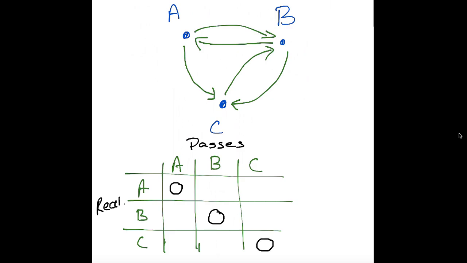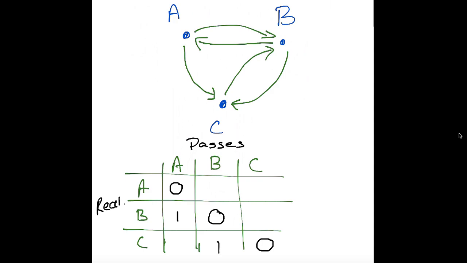But let's look at the sequences that we had. The first thing we did was, how many times did A pass to B? A passed to B one time. If you look at B passing to C, B passes to C one time.